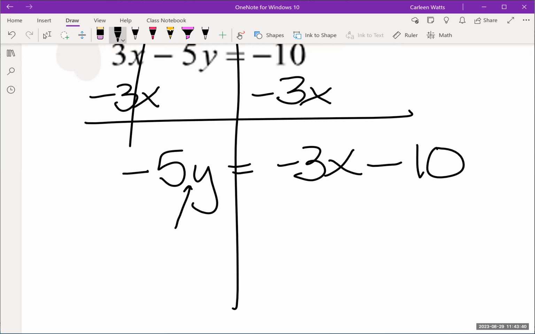We call that a blank space, baby. Okay, what is between the -5 and the Y? A blank space, nothing. So what do I need to do to get rid of the -5 when I have a blank space? Divide by -5. Why? Because of the blank space, baby.